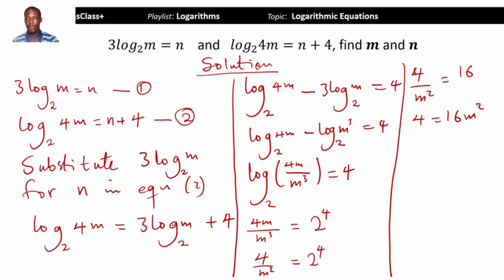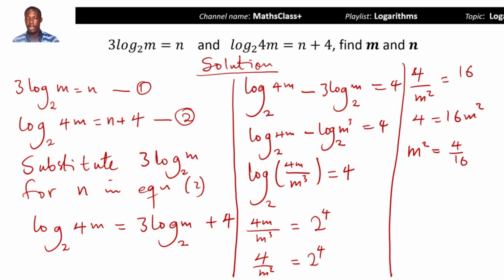I divide through by 16, and that will give me m squared is equal to 4 over 16. That is, m squared is going to be 1 over, so 4 goes into itself, 1 goes into 16 4 times. So this is what I have.